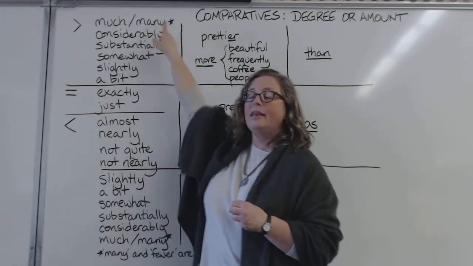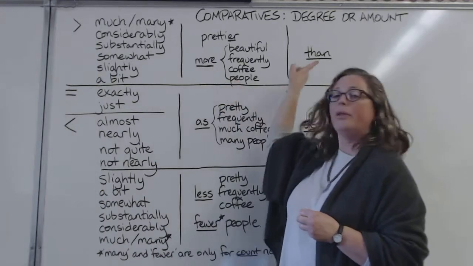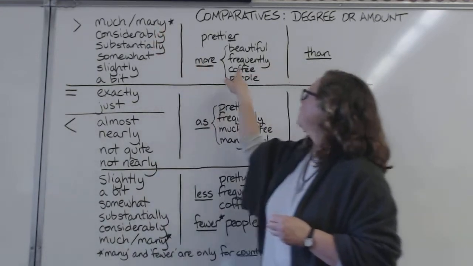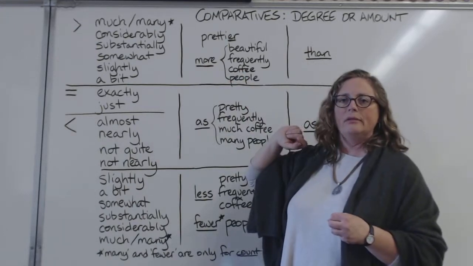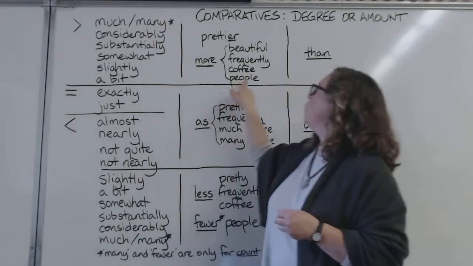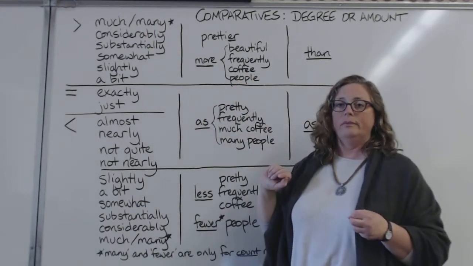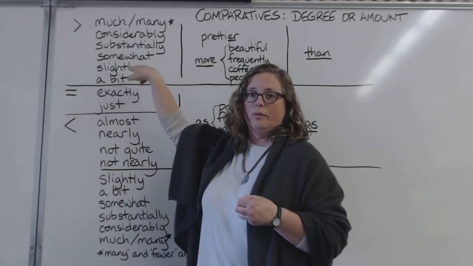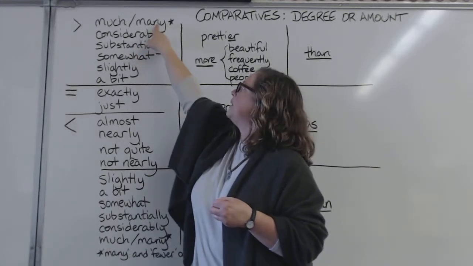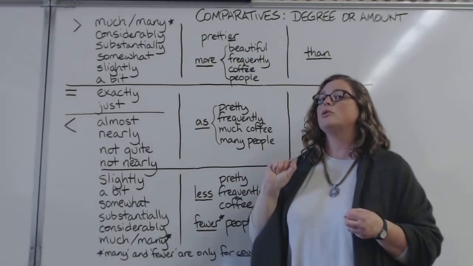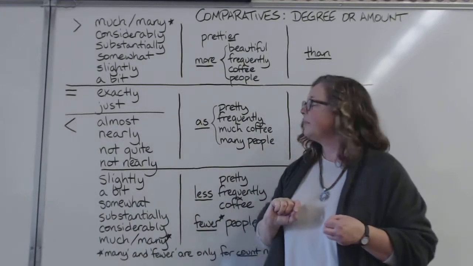You can say many more people than, but you cannot say many more coffee than. This is only possible with people. Now, people can also be used with these other ones too. It's just that you have to be careful with many. It's very specific for count nouns only.